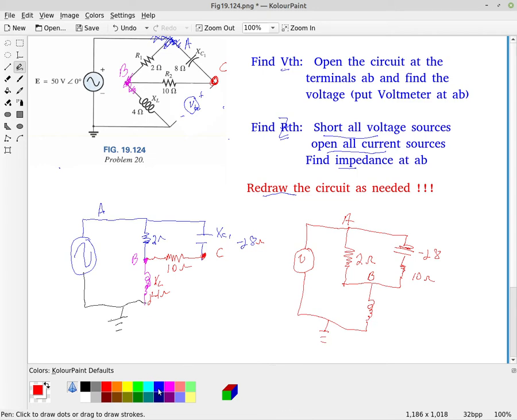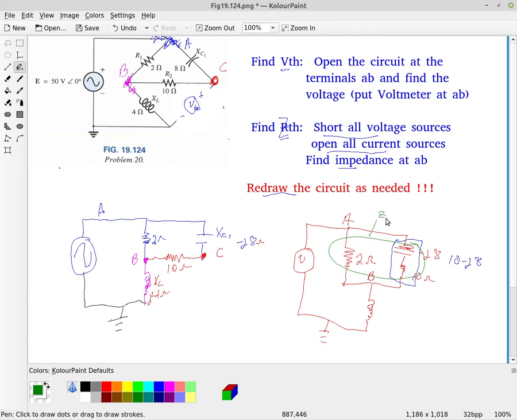Now that we look at this, we can see that these two are definitely in series. So I have a series combination here of 10 minus j8. That is the series combination, and that, of course, is now going to be in parallel with this 2 ohm resistor.